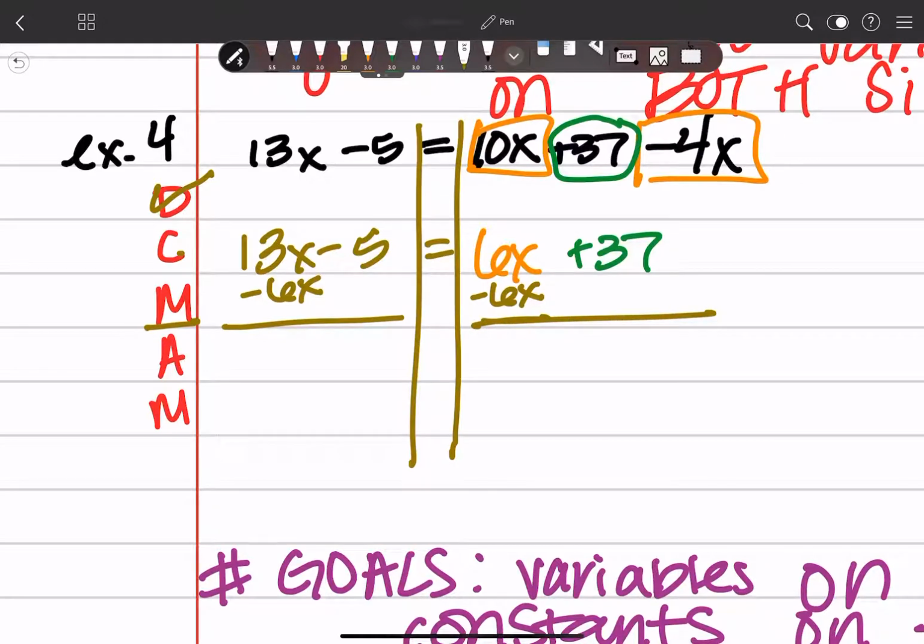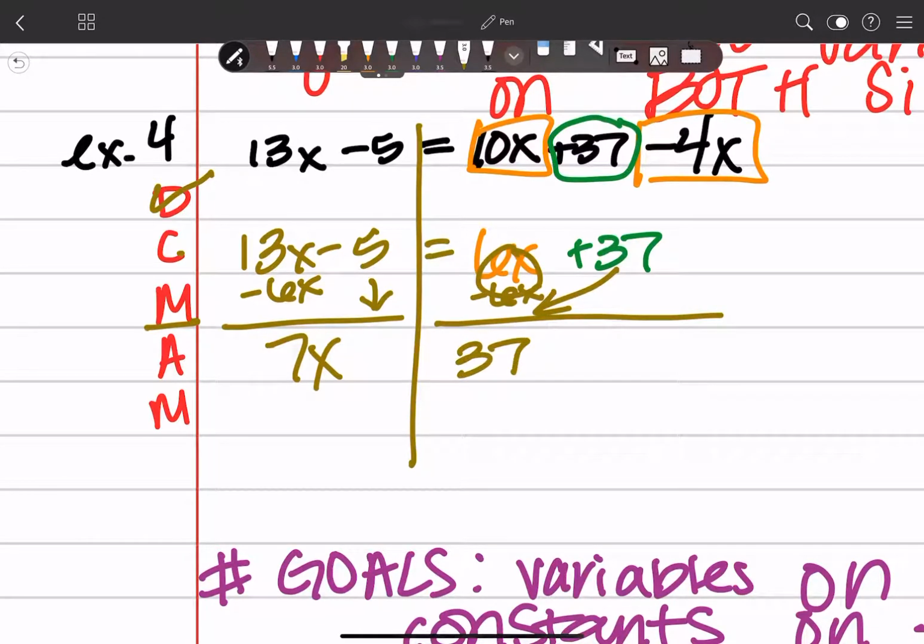So 6x minus 6x zeroes out, and 13x minus 6x becomes 7x. We didn't do anything to the constants, so we're just going to bring them on down. And this one right here is getting all lonely by itself, so it's going to scooch on over.